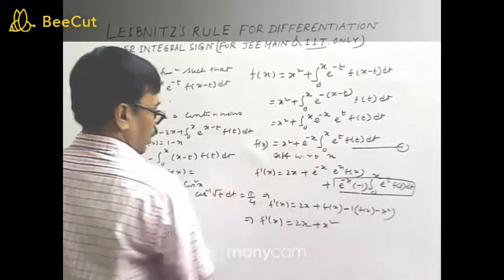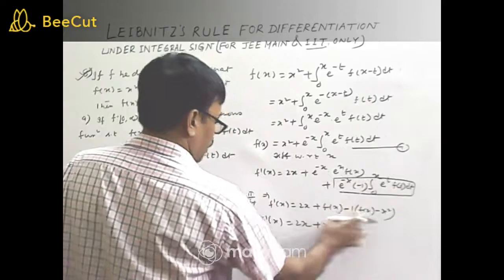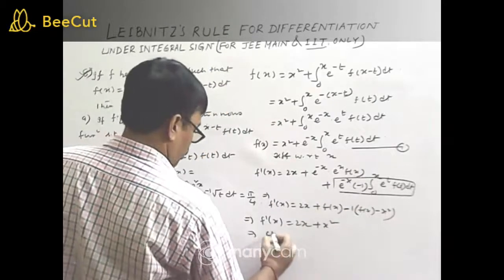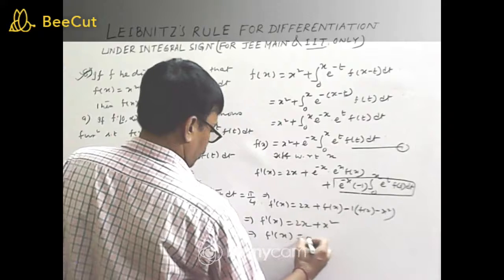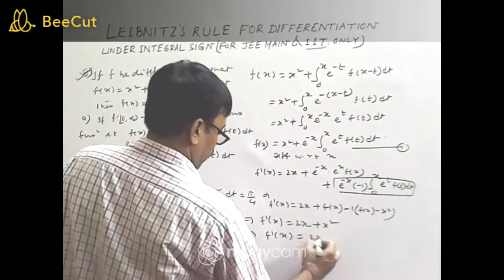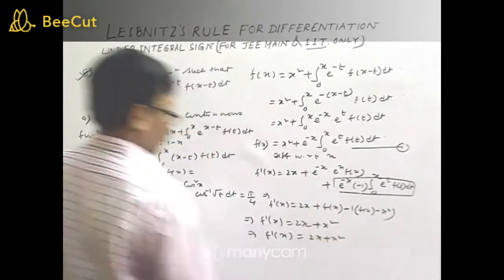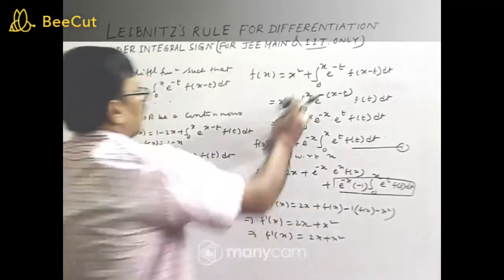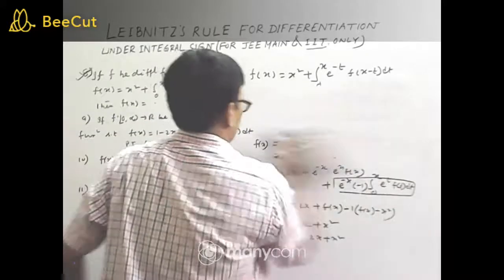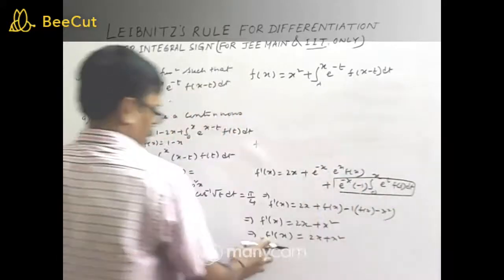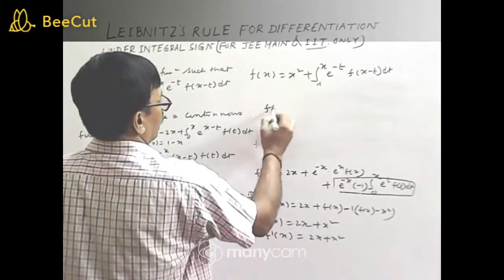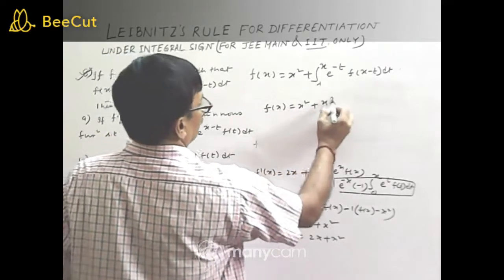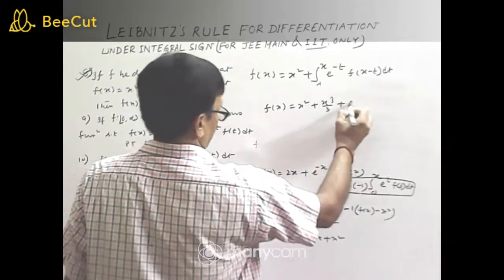So value is x square. So minus minus cancel. So f'(x) equals, sorry, 2x plus x square. So what is f(x)? To find f(x), we have to integrate. So f(x) equals x square plus x cubed by 3 plus c.